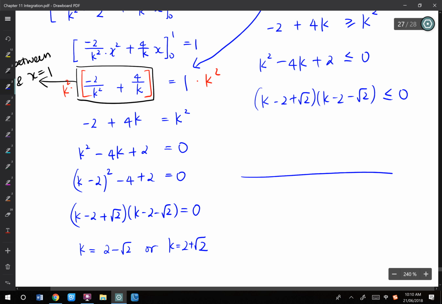And if we sketch that, well, solving inequalities, unless you're solving a linear one, all the other polynomial inequalities, quadratic inequalities, you need to use a diagram to solve. So we have 2 minus root 2 and 2 plus root 2, and this is the quadratic.